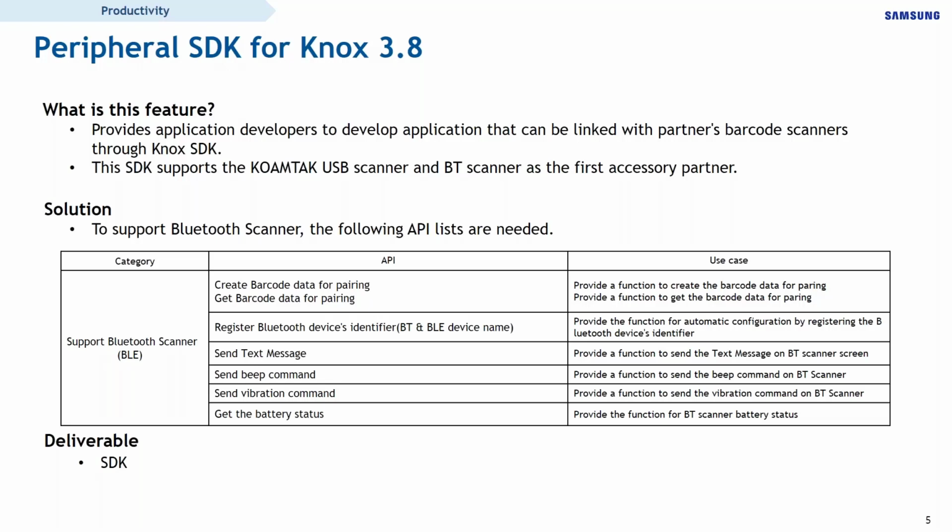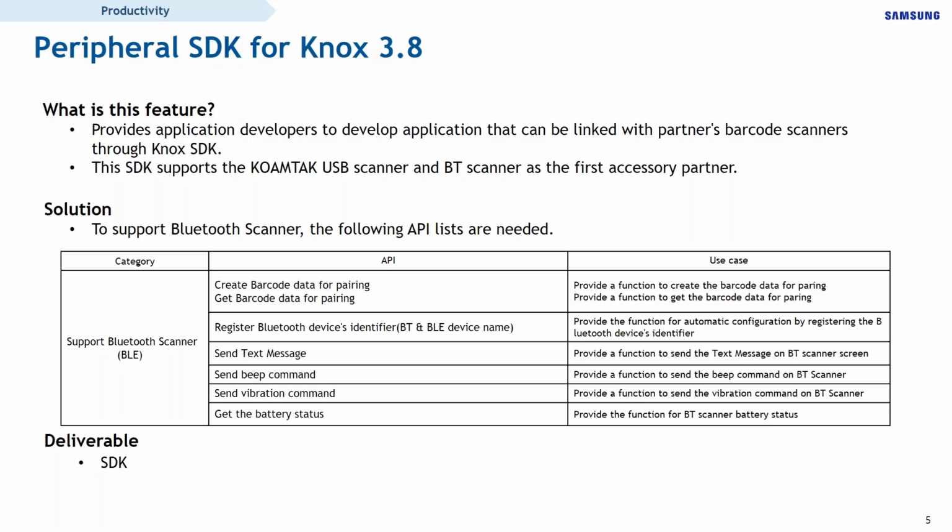This allows application developers to develop applications that can be linked with partners' barcode scanners through the Knox SDK. Through peripherals such as barcode readers, you can also collect business and operational data for wide-ranging applications in sectors such as manufacturing, inventory, transportation, and retail.